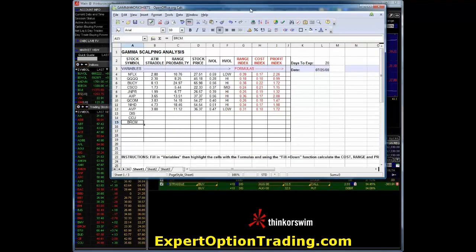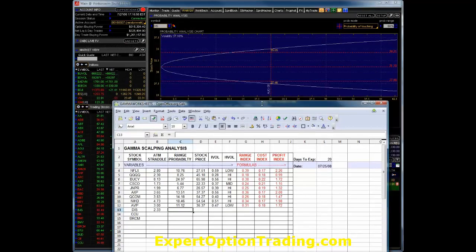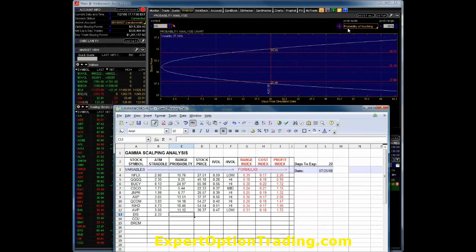First of all, the straddle cost is $2.33. So we just plug in 233 here. The range probability, remember, we want the probability of touching up here, not the probability of expiration. The range here for this issue until the nearest August expiration is $27.46 to $35.05.